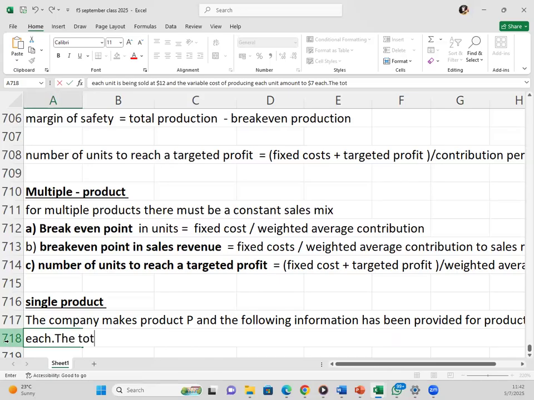The total fixed costs for the period were 60,000.